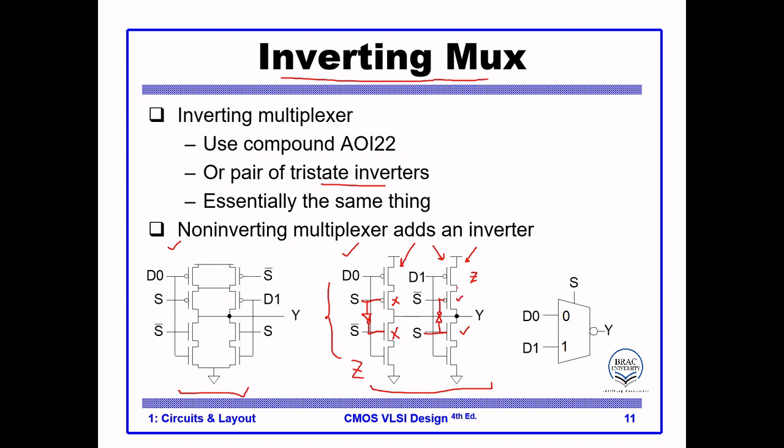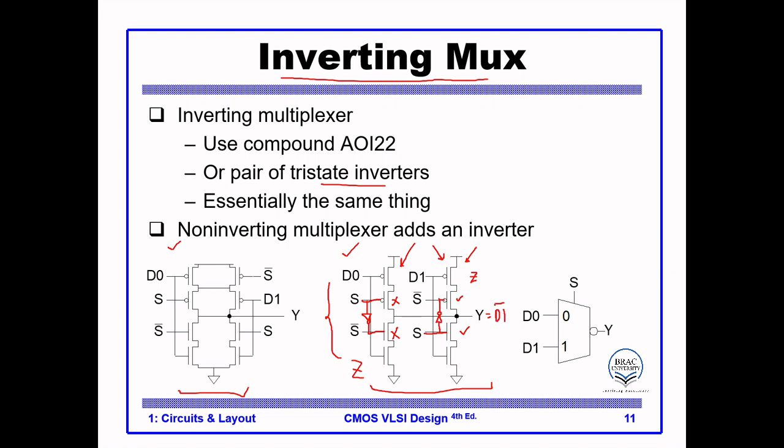So we have a connection between this D0 and this D1, and so this buffer will be acting as an inverter. So we will have an output of Y equal to D1 bar.